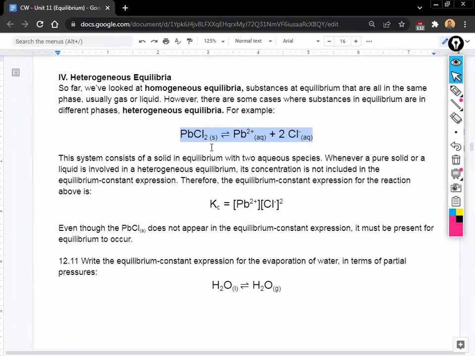So we're going to be looking at this reaction right here. I do recommend writing this reaction down because this is what we're going to be using as our first example. PbCl2 is a solid and it is in equilibrium with Pb2 plus ion, which is aqueous, and two Cl minus ions, chloride ions, which are also aqueous.